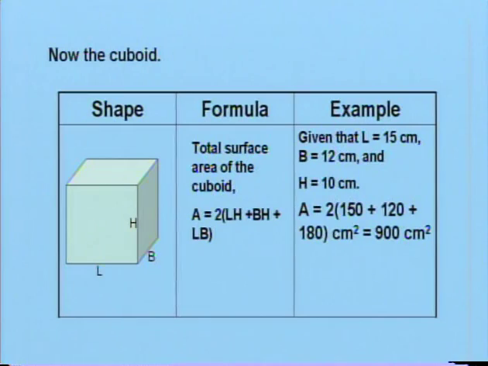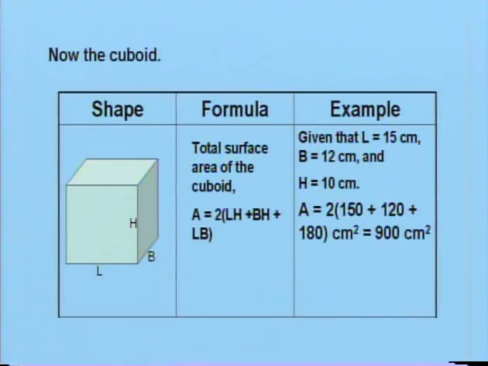B times H will give us the area of the right hand side. And L times B will give us the area of the bottom. Now that will only be half the area of the total surface. To get the total area, we multiply by 2.